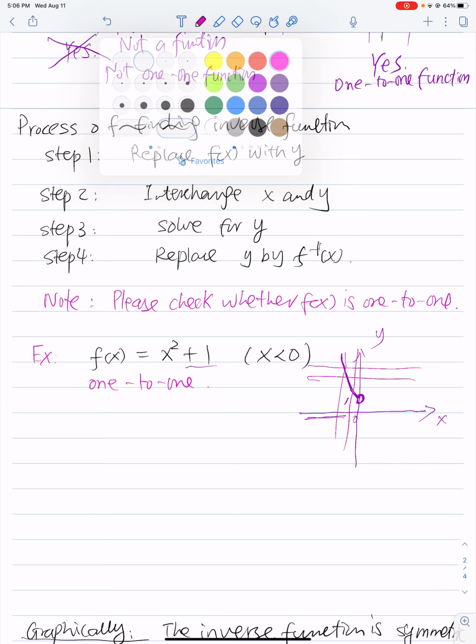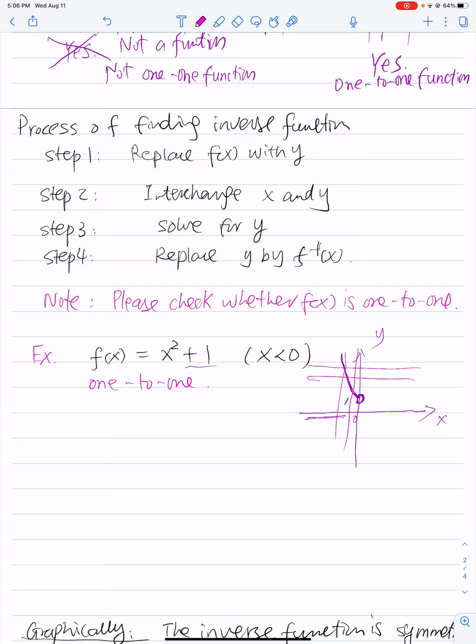Then we want to follow the steps. Step 1, replace f(x) by y, so y equals x squared plus 1. Then interchange x and y, which means y becomes x, and x becomes y. And then solve for y. How could we solve for y?